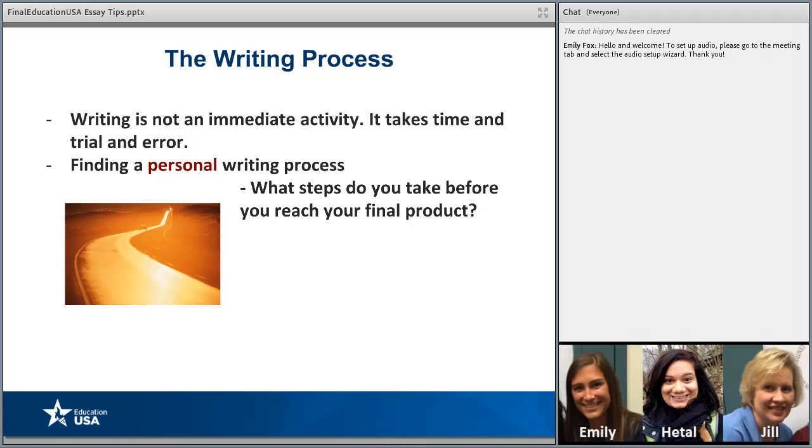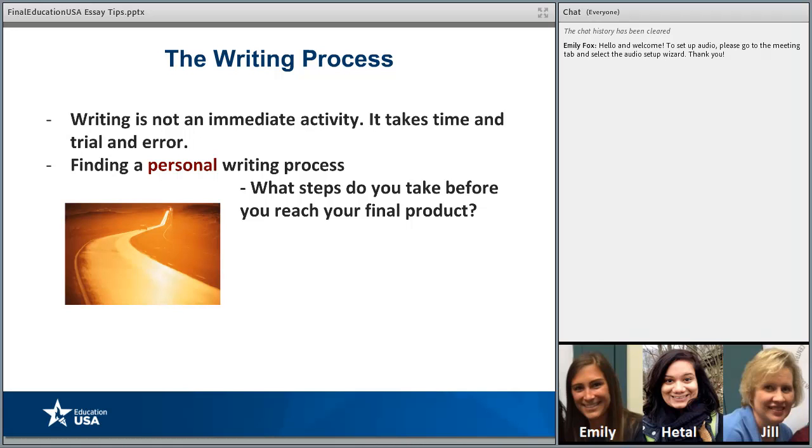It is a series of steps that we go through. And it takes trial and error. So if you don't have experience writing a lot of essays, then it's okay if you're not so good at it in the beginning, right? It's a skill just like anything else. So a skill can be learned and it can be developed over time. And that's an important thing to remember.